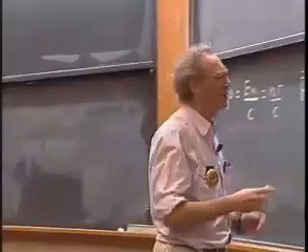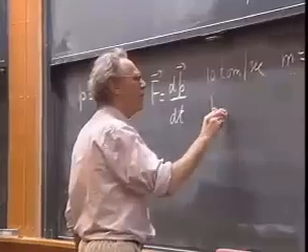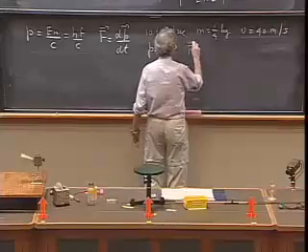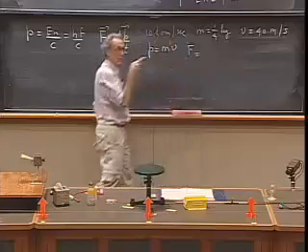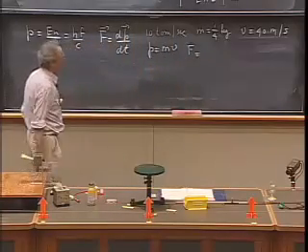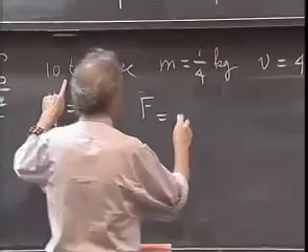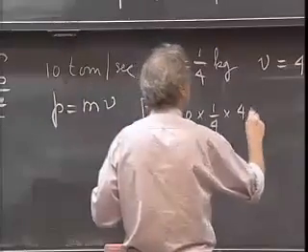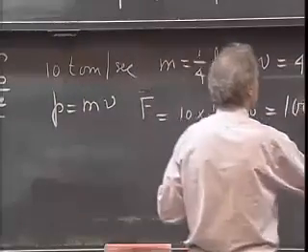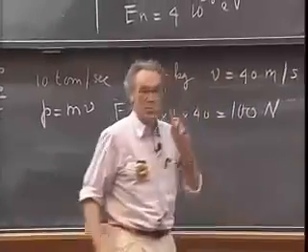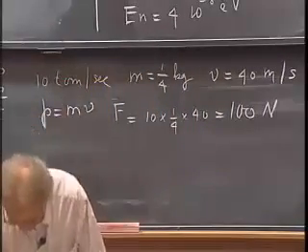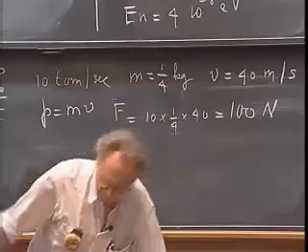The momentum of a tomato is mv, and the force that you will feel in the x direction, momentum transfer, is 10 times 1/4 times 40, which is about 100 newtons. That is a substantial force. It may actually throw you over. It's a huge force.